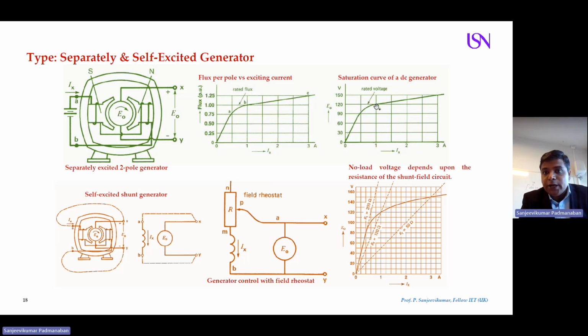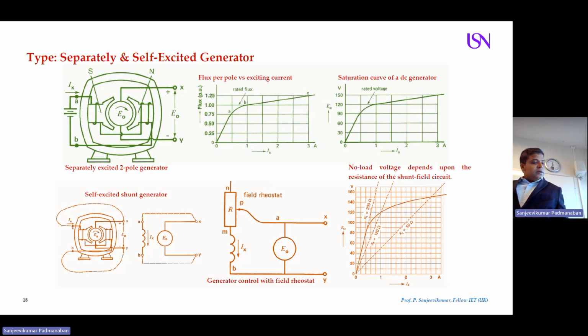I get 120 volt DC output. Still, I increase the excitation current to 3 ampere. At 3 ampere, I get around 150 volt. So flux is also maximum. This is the characteristic of your separately excited generator under no load condition.